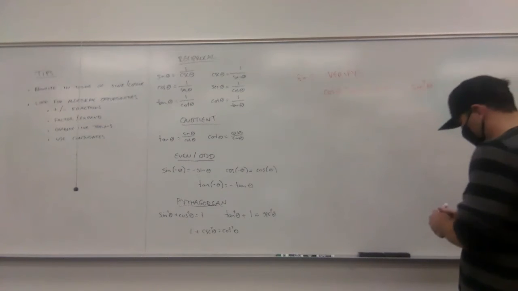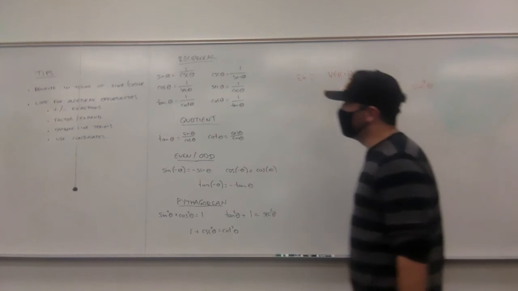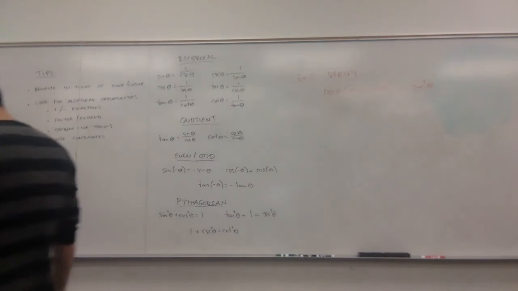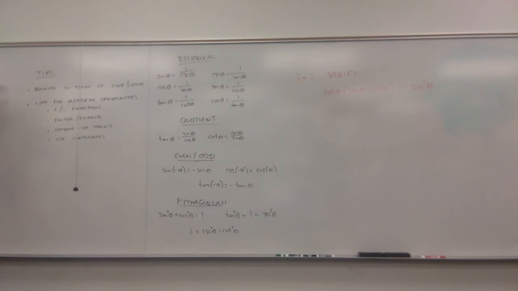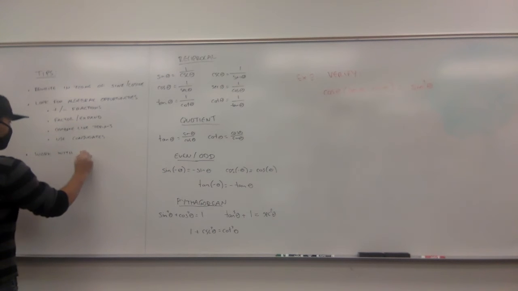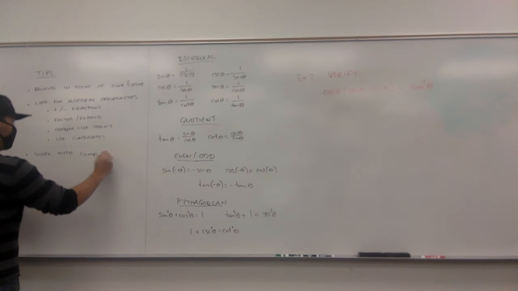All right, so before we jump into this, maybe we can add a few more tips for working with these identities. So we have rewrite in terms of sine and cosine, look for algebraic opportunities. Now that we've talked about how to prove the two things are equal, it should be clear that we really want to work with one side of the equation at a time. And specifically, we want to work with the more complicated side of the proposed identity.